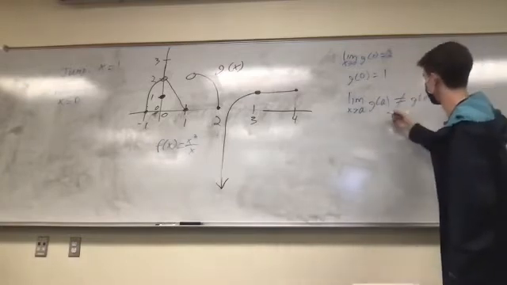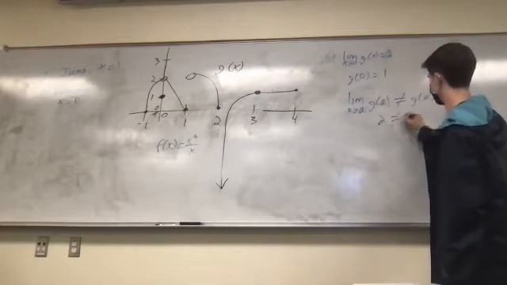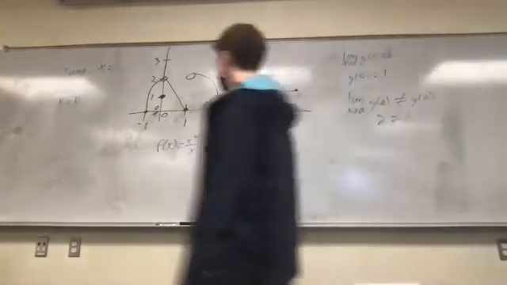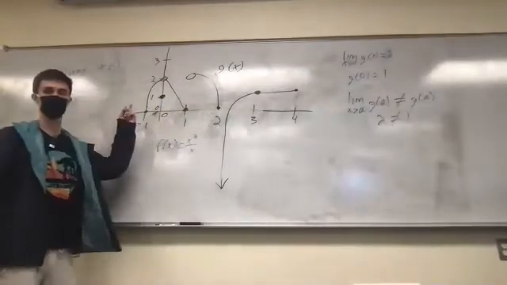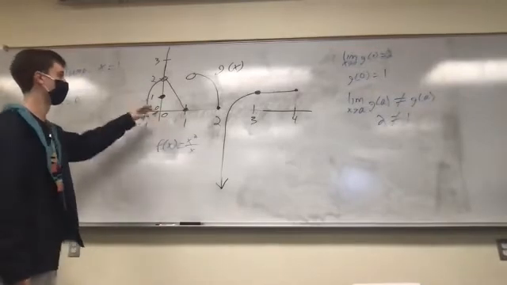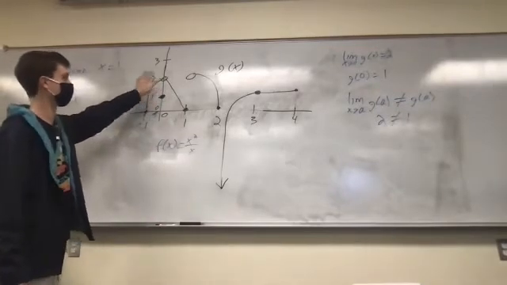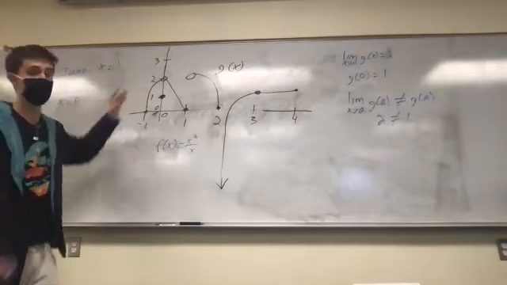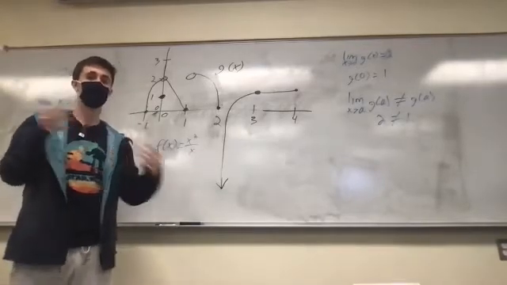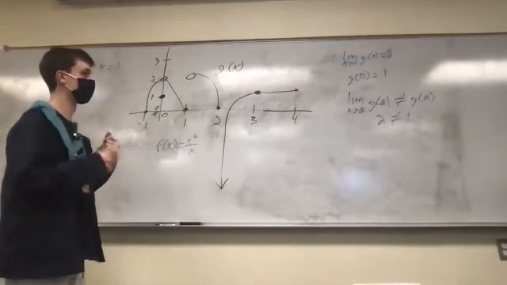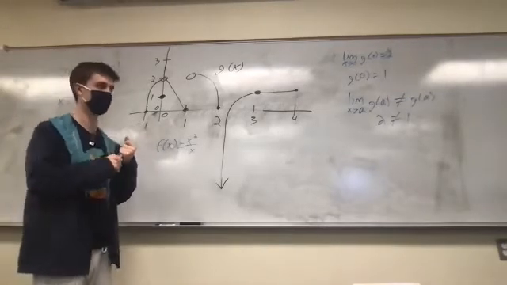Because we found right here that 2 obviously doesn't equal 1. And you can see it right here as well. Does that illustrate that a little bit? You can see this has one value that it evaluates to, and this is another value. Because those aren't equal, there must be a discontinuity, specifically a removable discontinuity, right?